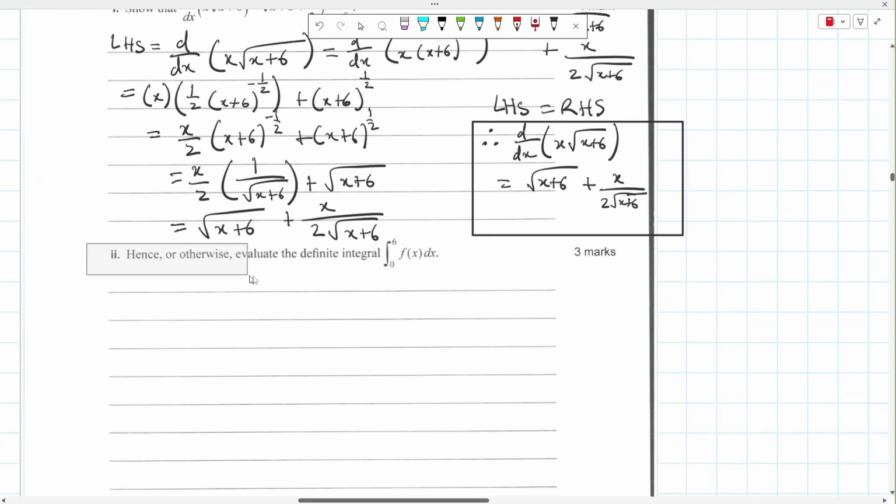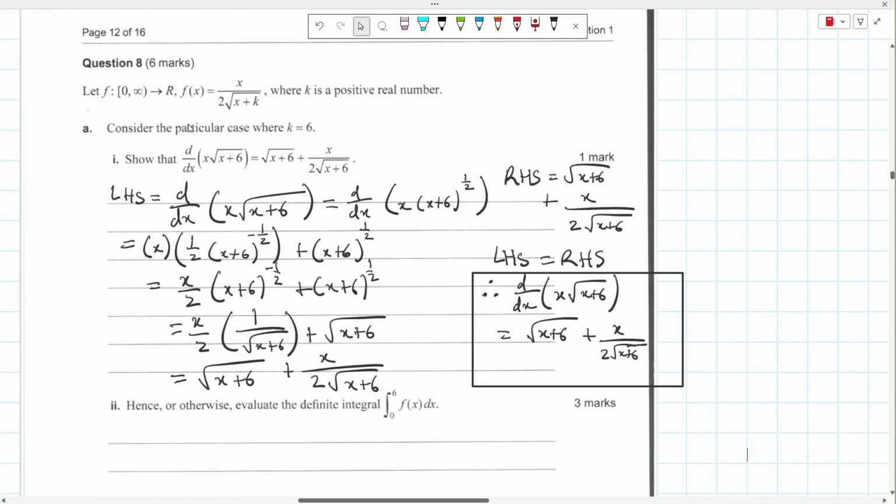Okay, hence or otherwise, evaluate the definite integral from 0 to 6 of f of x dx. Okay, let's see how we can do this. First of all, we're given this piece of information, which is very, very important.